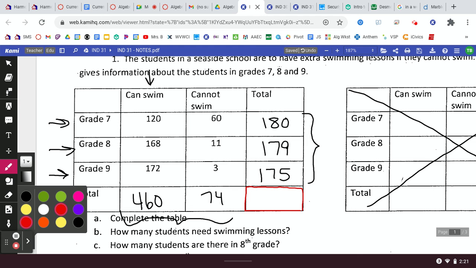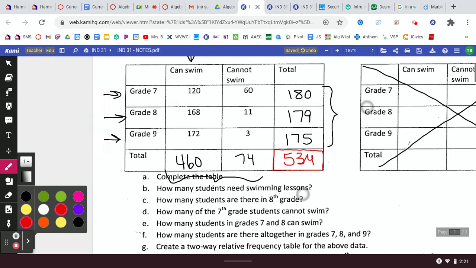So you should add up 180 plus 179 plus 175, and we get 534. Then if we check ourselves, we should also add up 460 plus 74 equals 534. So that tells us that our table was all added up right. We didn't fat finger anything on the calculator and miss add anything.